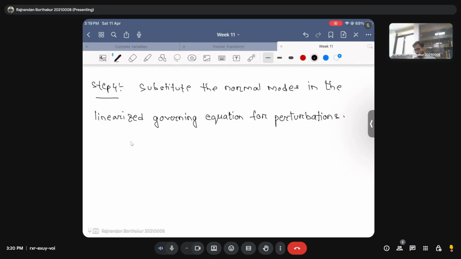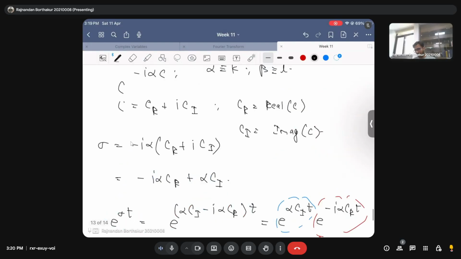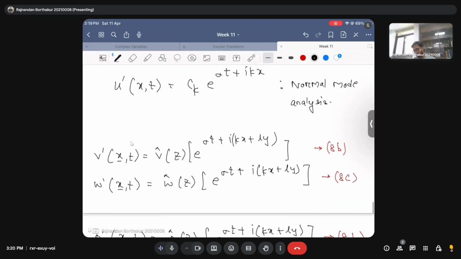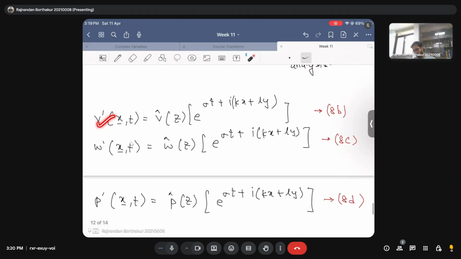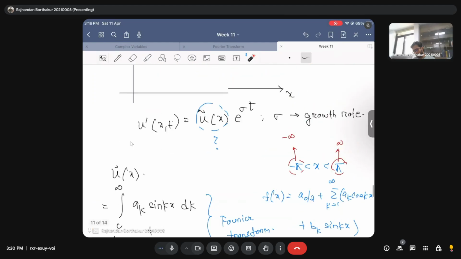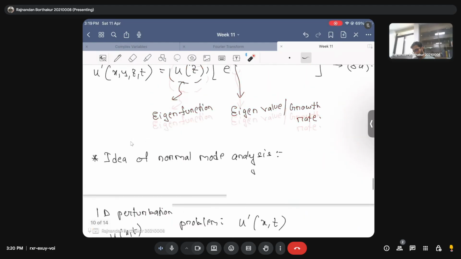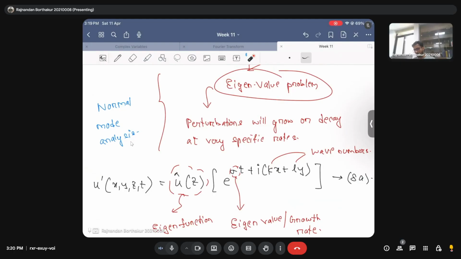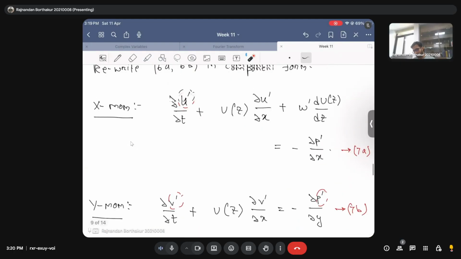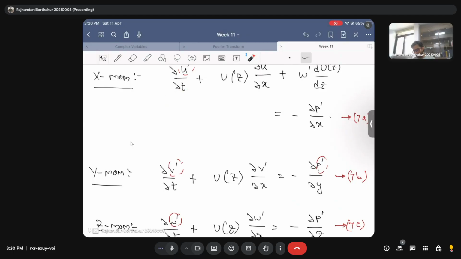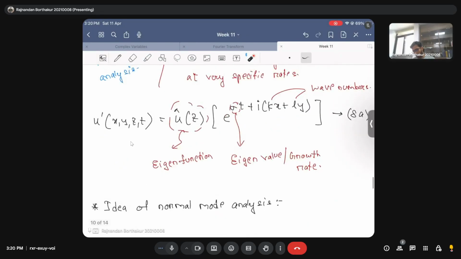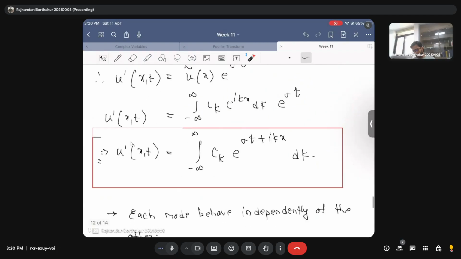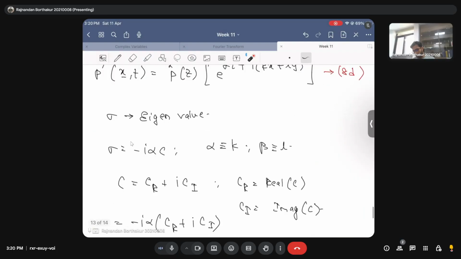I hope you understand that I'll just substitute these things, this v prime, u prime, p prime, and also the w prime, which is the z direction velocity of the perturbations, into the governing equations, which are basically this. So let me rename these: this is 8a, and this is 8b, 8c, and 8d.